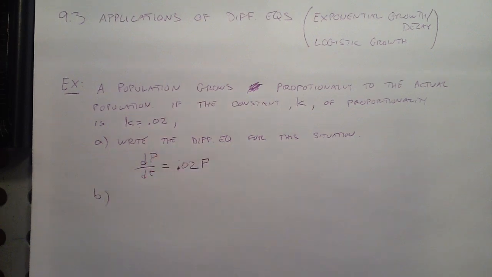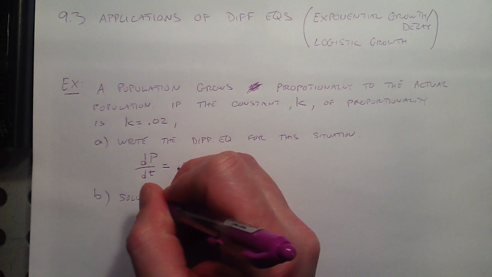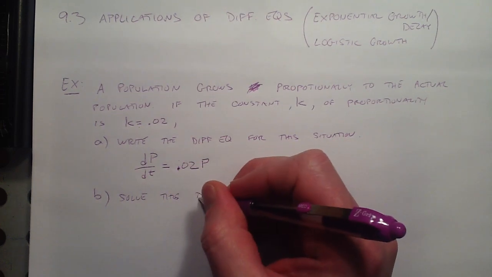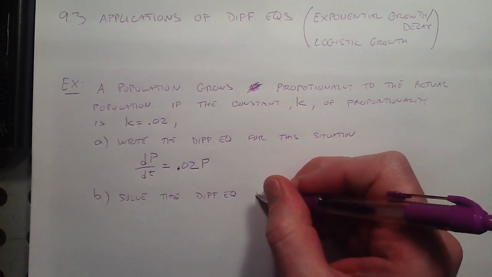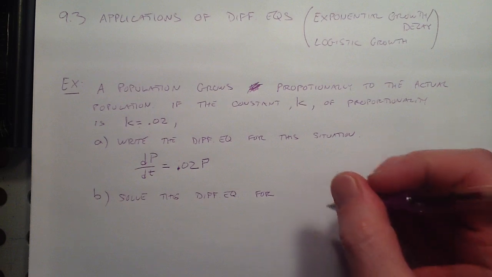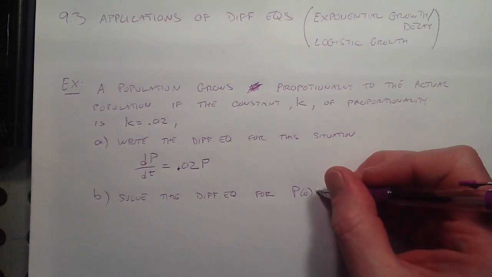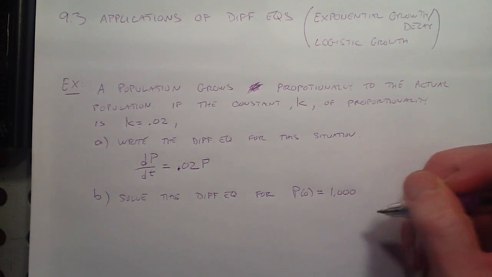So part B, we might say something like this. Solve this differential equation for the initial condition if the initial population is equal to, let's say, 1,000.